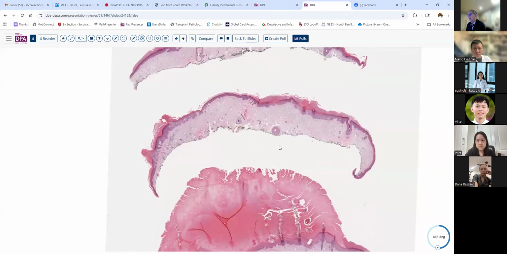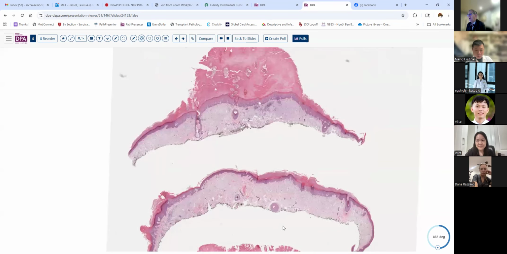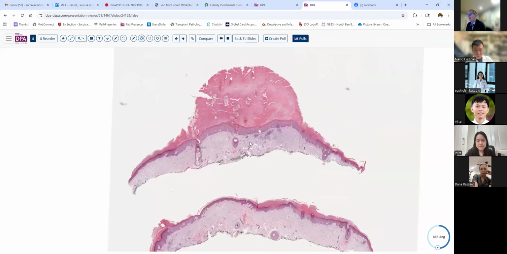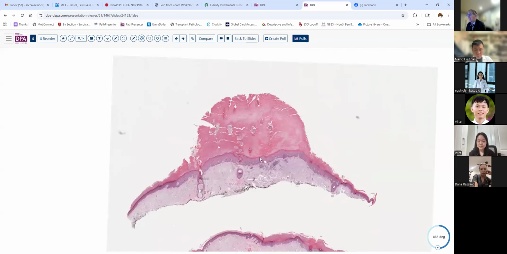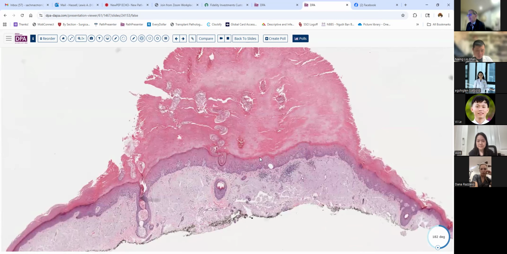So I do need to tell you a little story about myself. When I first went into practice, and I was seeing a fair number of skin cases, we didn't have a dermatopathologist, and I was fresh out of training and so forth.